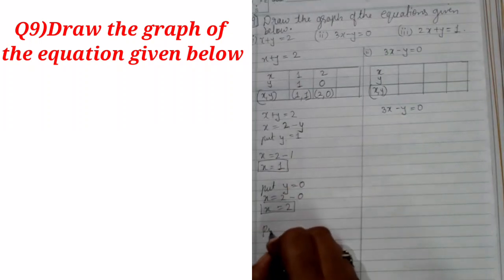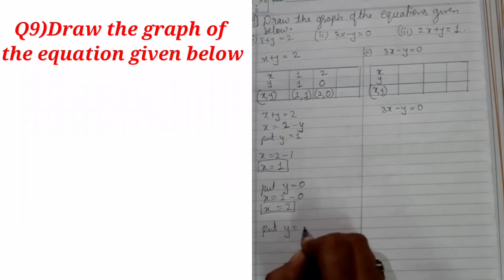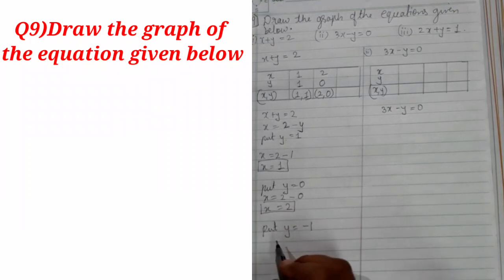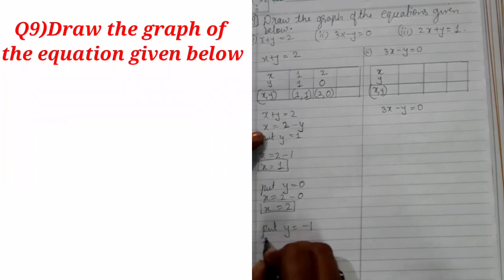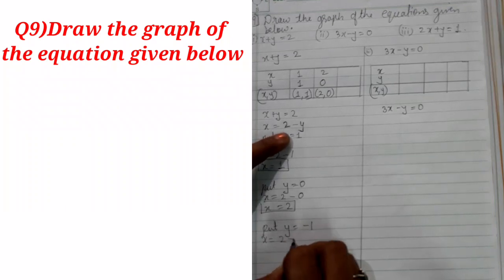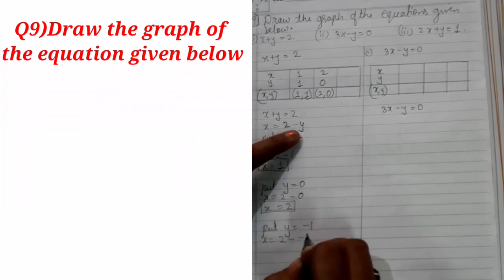Now third assumption, I am taking y equal to minus 1. Students, you can assume numbers between minus 5 and positive 5, because the numbers will come between them. Here our equation was x equal to 2 minus y. The y value we have taken is minus 1.